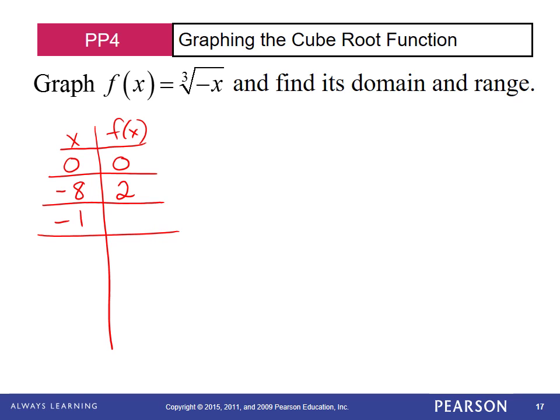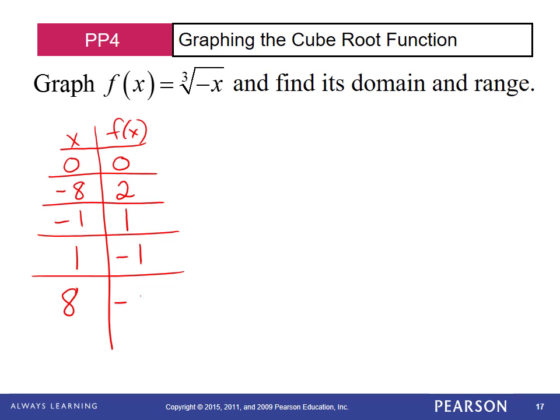Plug in a negative 1, makes it a positive 1. Cube root of a positive 1 is 1. And then, of course, the opposite of those numbers themselves. Positive 1 goes in, becomes a negative 1, and cube root of a negative 1 is a negative 1. And then how about an 8? 8 plugged in as a negative 8. Cube root of a negative 8 is a negative 2.